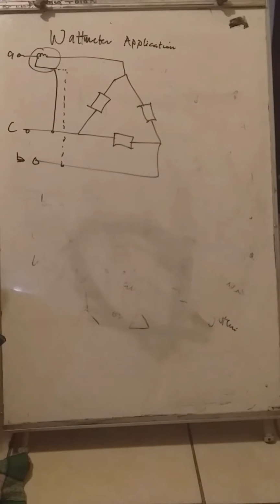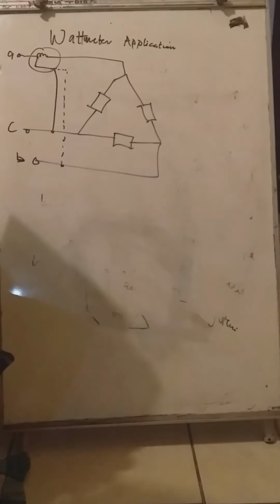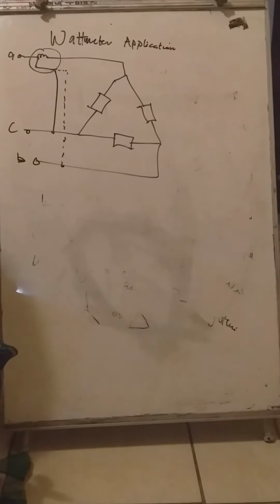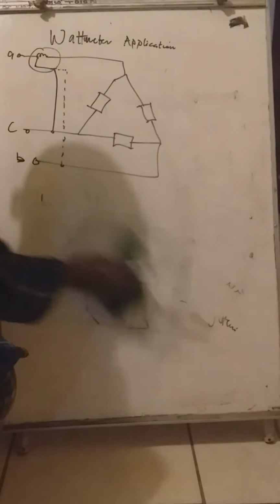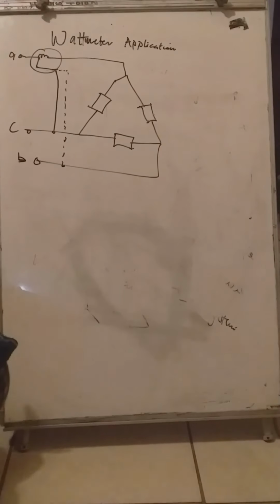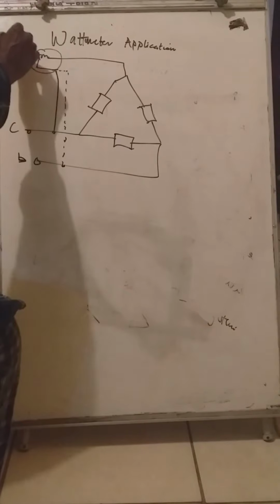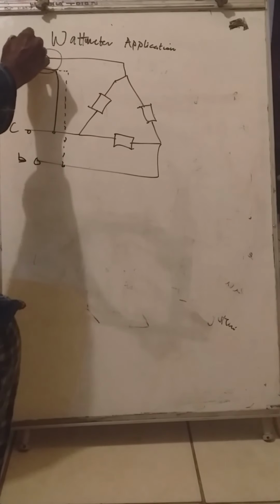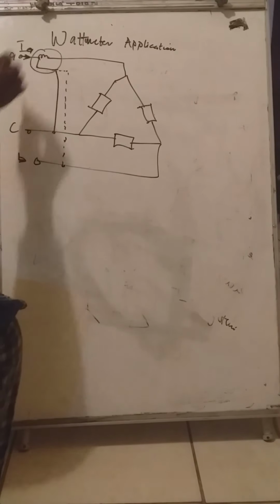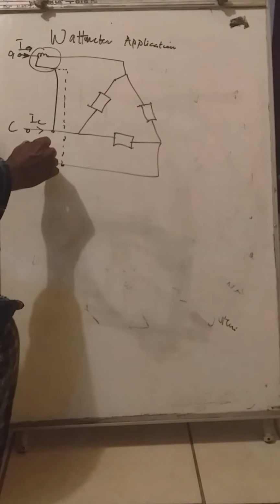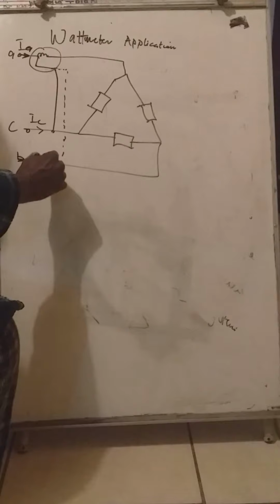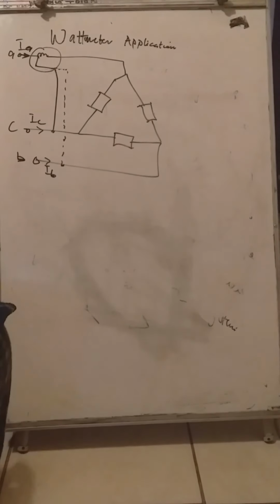Now, let us talk briefly about the phasor diagram. When you look at this, IA is the current that flows through this line, while IC flows through, while IB is supposed to flow through this line.